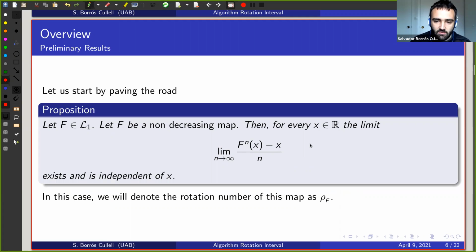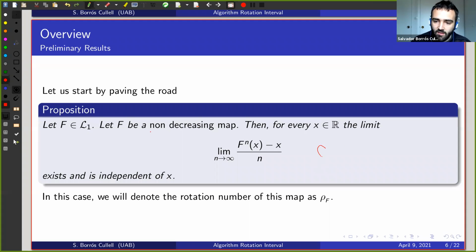It's not trivial, but we will find some maps that will allow us to simplify the problem and compute it in a nice way. The first step of this path would be to notice that non-decreasing maps have a defined rotation number as a limit, not as a lim sup as before, and the rotation number for all points in R is the same.